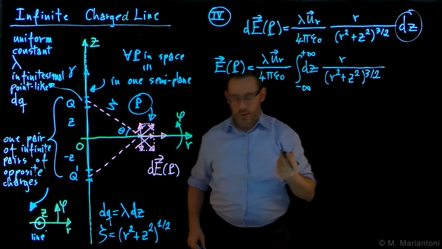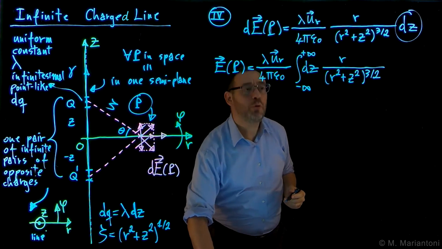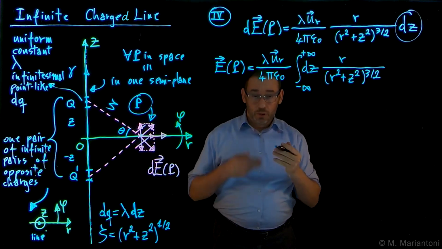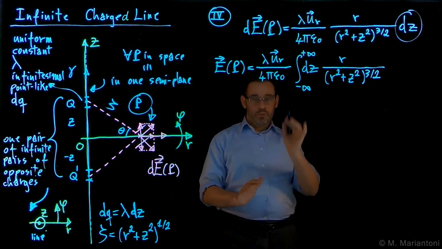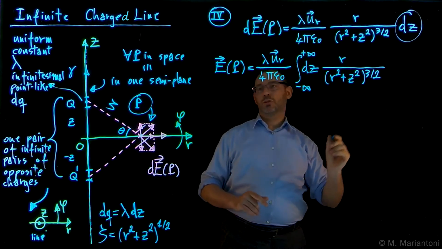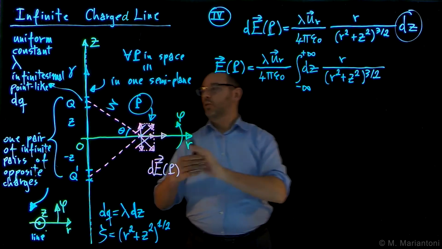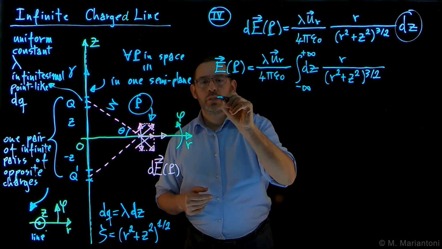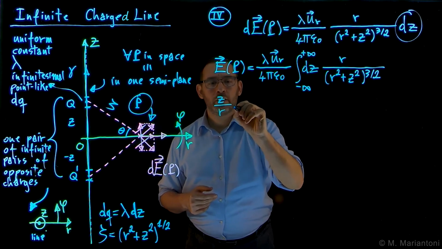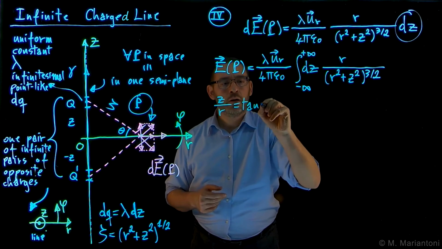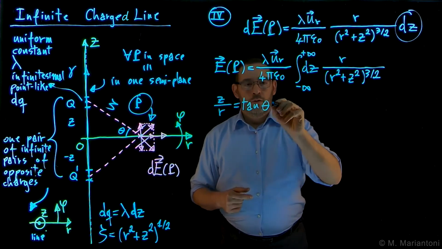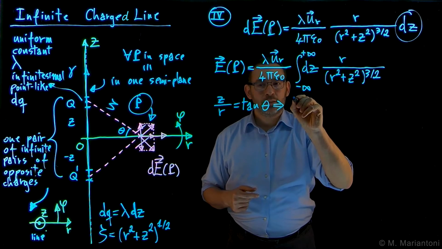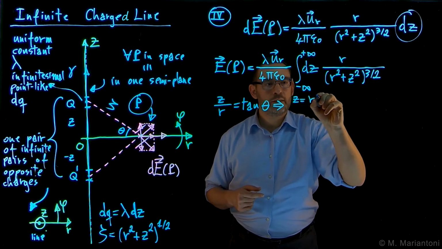It's a vector. Okay, so now, this is a very important integral which you need to know how to solve, and it requires a trigonometric substitution, as follows. We know that z over r is the tangent of theta. So z divided by r is the tangent of this angle theta, from which we find the two things we need. The first is that z is equal to r tangent theta.